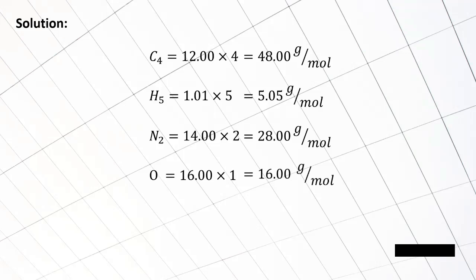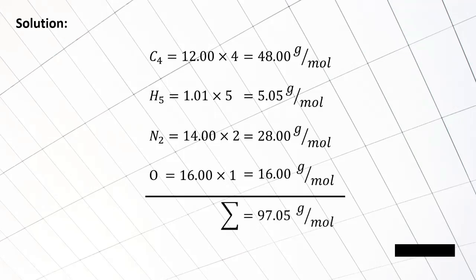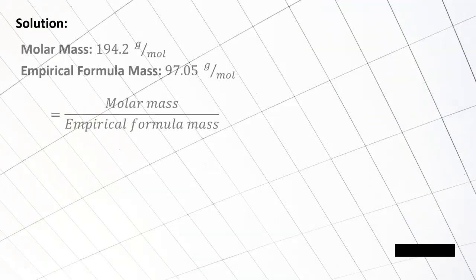After this, we will add all the values we have obtained in order to get the molar mass of our empirical formula. So by adding these values, we will get 97.05 grams per mole as our empirical formula mass. Now, since we already got the value of our empirical formula mass, we can now compare it to the given molar mass. We know that our molar mass, based on our given, is 194.2 grams per mole.